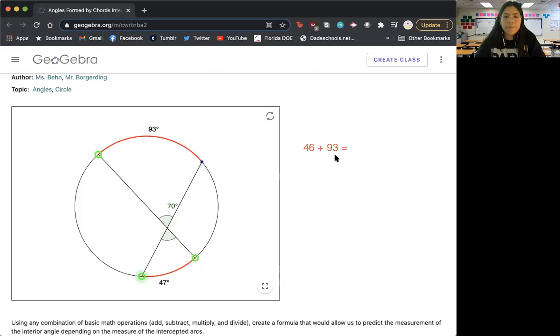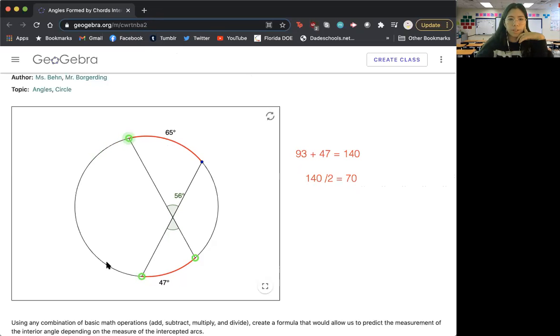There we go. 93 plus 47, that should work. Now we got 140. So 93 plus 47 is 140. And then 140 divided by 2 gives me my 70-degree angle. Right? So this relationship is true no matter where you go. I can move this all the way around to any different location, and it's still going to work.